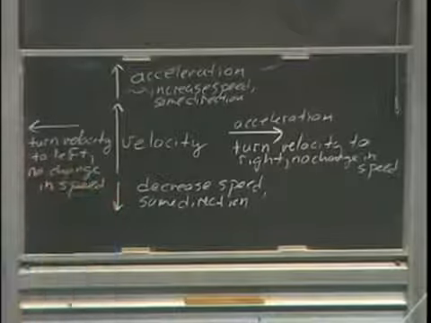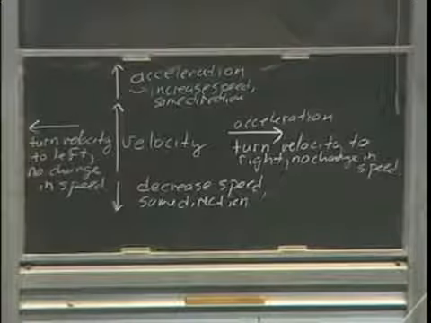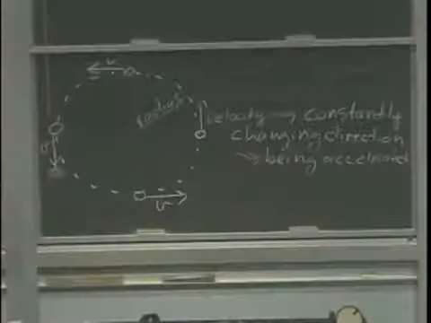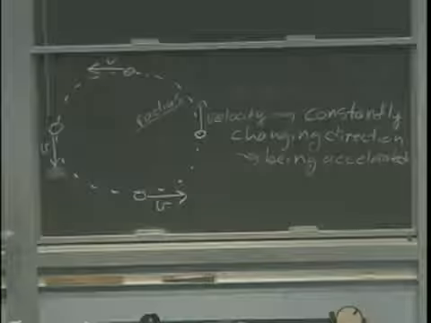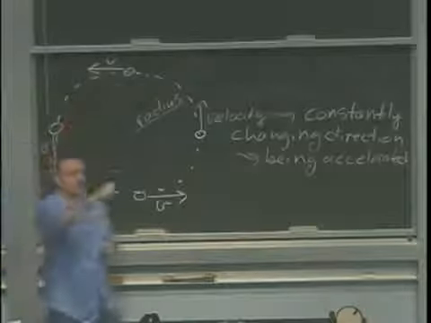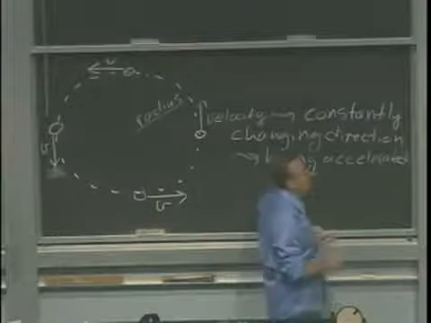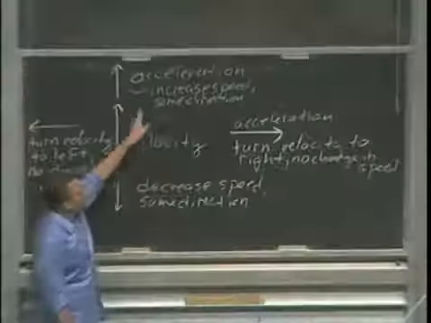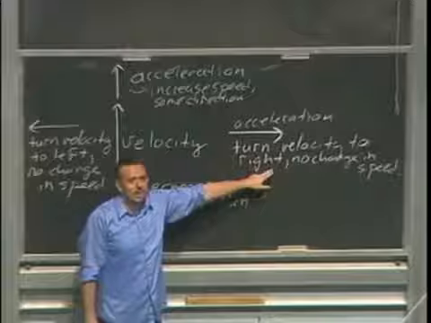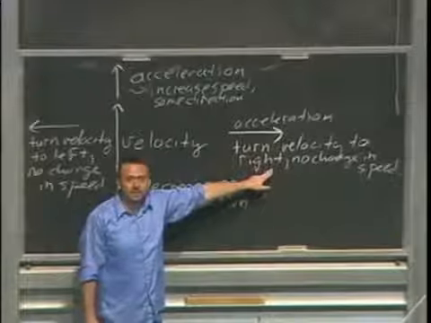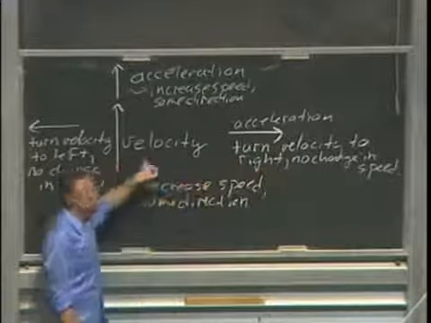Okay, so let's go back to our drawing over here of this mass that's moving around in a circle. We already know when it's undergoing uniform circular motion, we're looking at the case where the speed is not changing, but the direction is constantly changing. So the accelerations we can have that change the direction but not the speed are always perpendicular to the velocity.